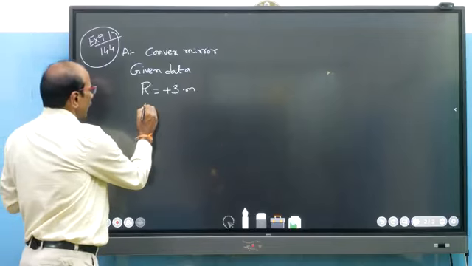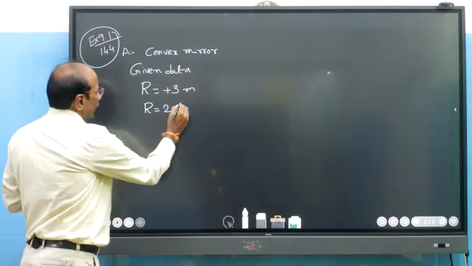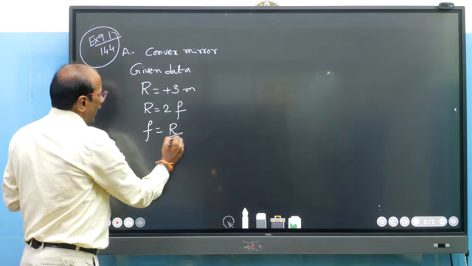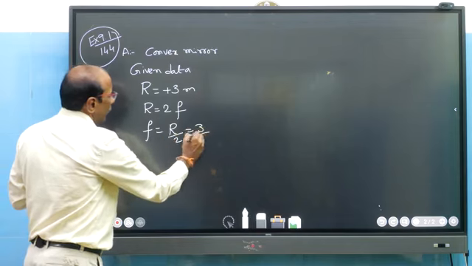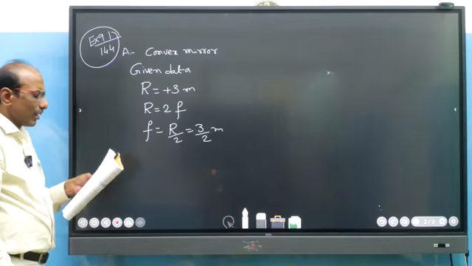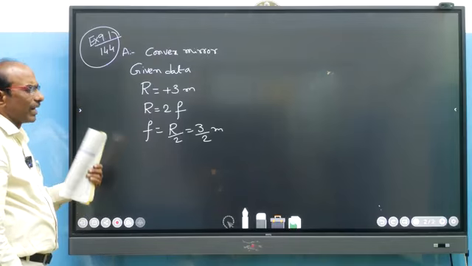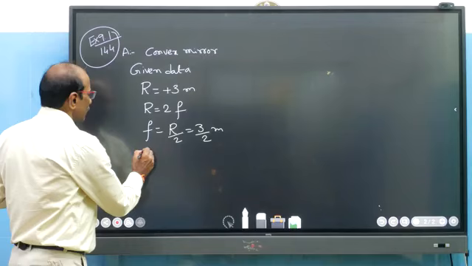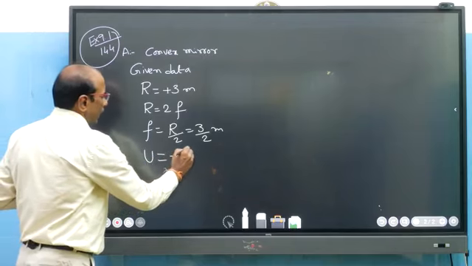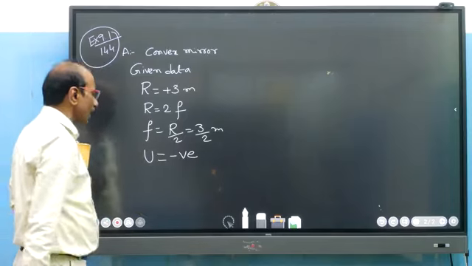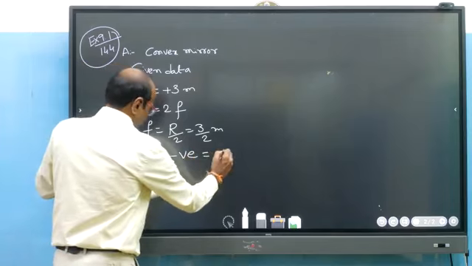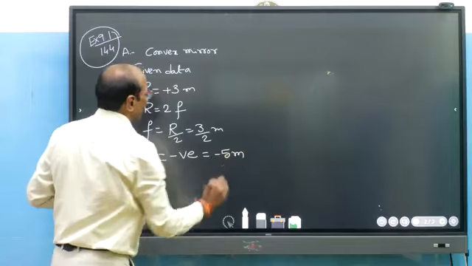You know that R equals 2F. So focal length F equals R by 2 equals 3 by 2 meters. Next, the bus is located at 5 meter, so u equals the object distance. The object distance is always negative from the sign conventions of the mirror. So u is minus 5 meters.